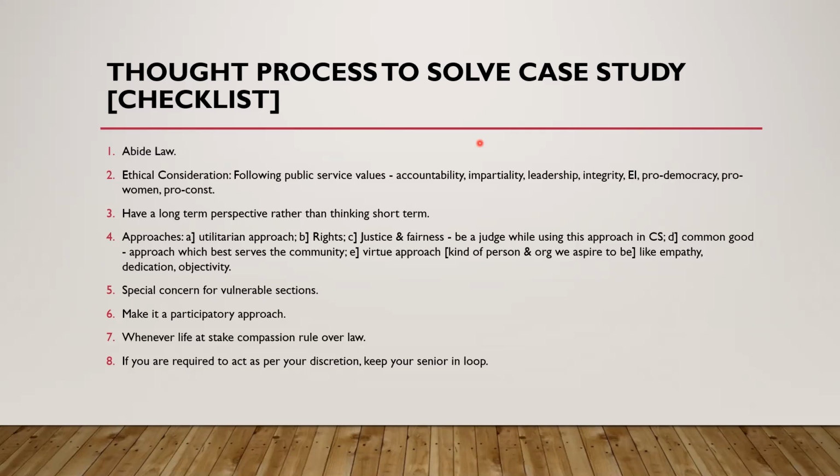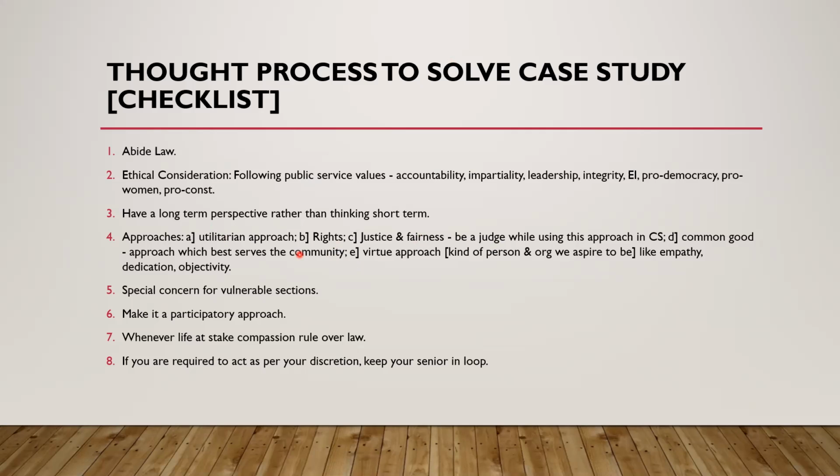Then the fourth point is these approaches. In the notes we have shared all the approaches and what they mean. Go through the notes, mug up the definitions, then use such things in your case study part. A special concern for the vulnerable section is very important. That shows that you have compassion.